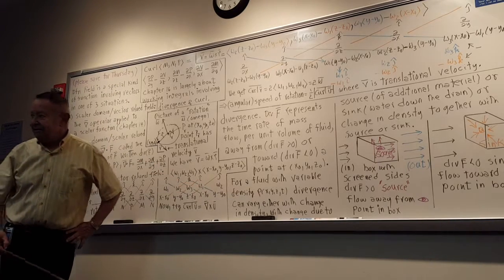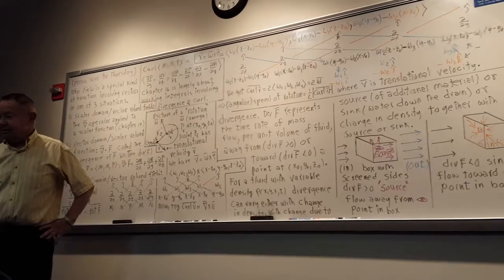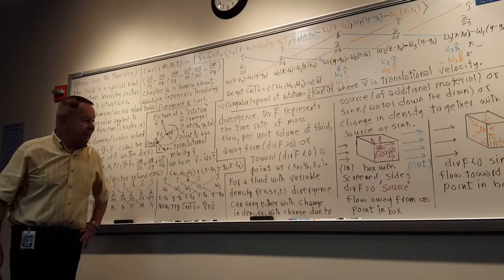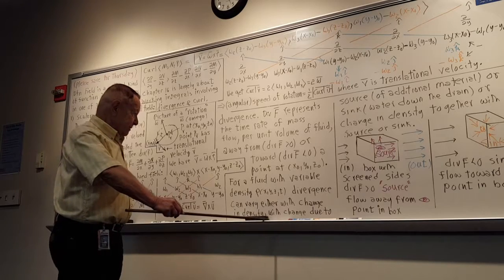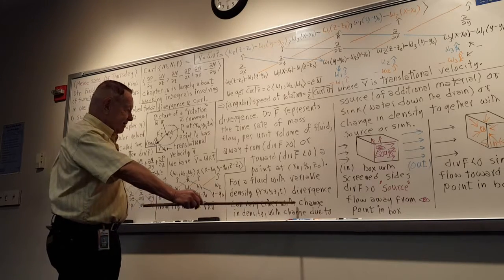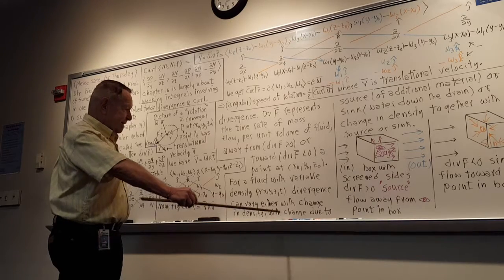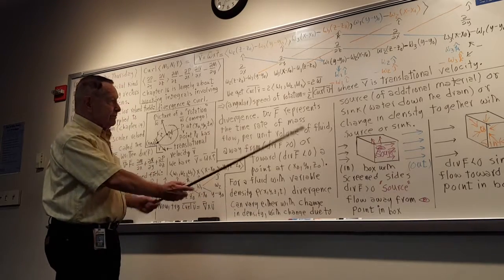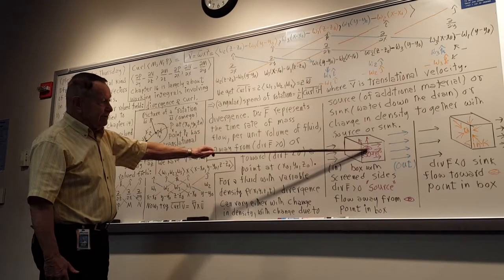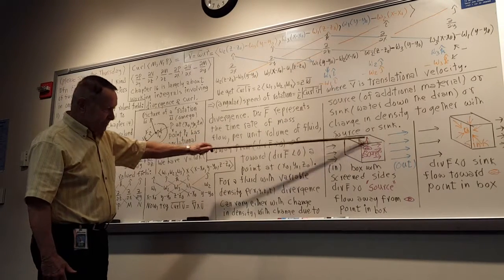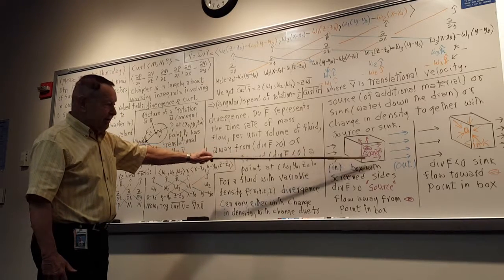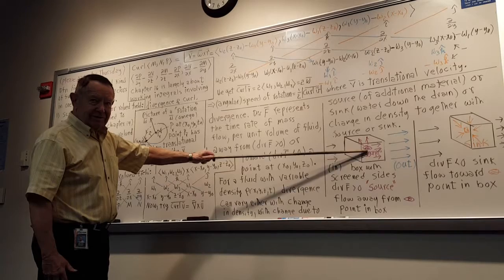It could depend on X, Y, Z, and also depend on time, certainly. And so divergence then can vary either with change in density, with change due to source, like inside your screen sided box. Maybe if you're thinking of water, you have a faucet that's turned on.